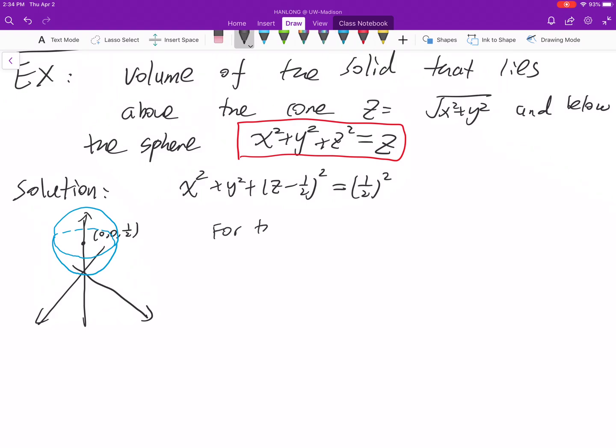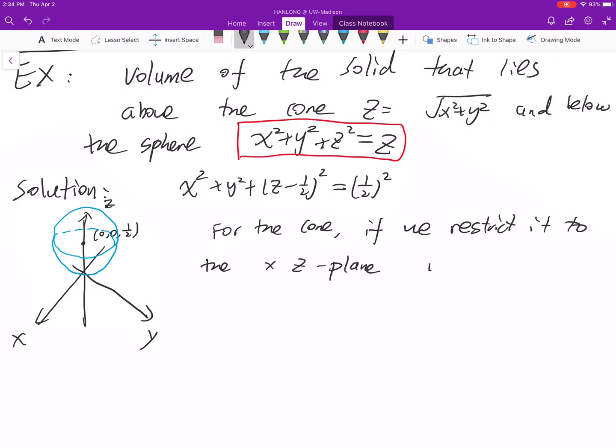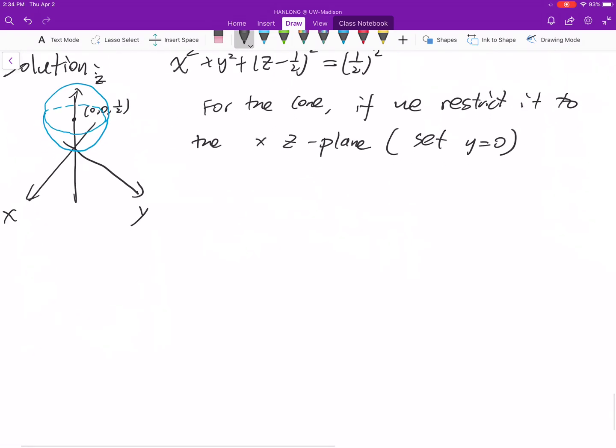If we restrict the cone to the xz plane, in other words, set y equals 0, then what do you have?